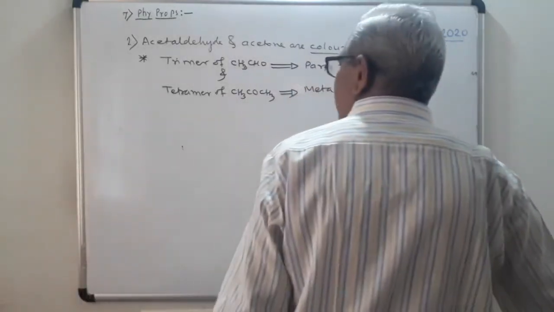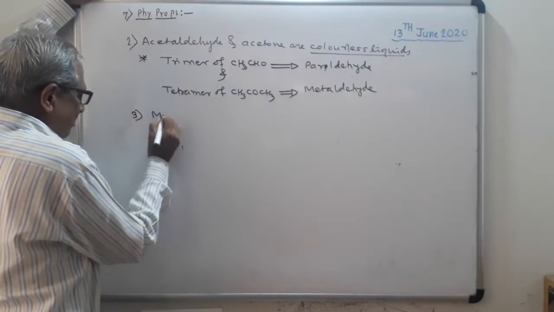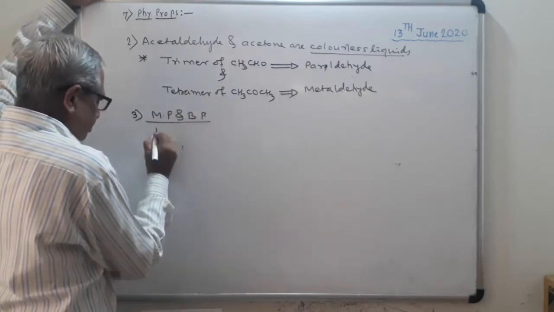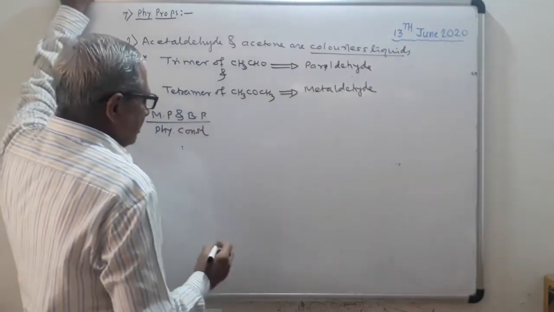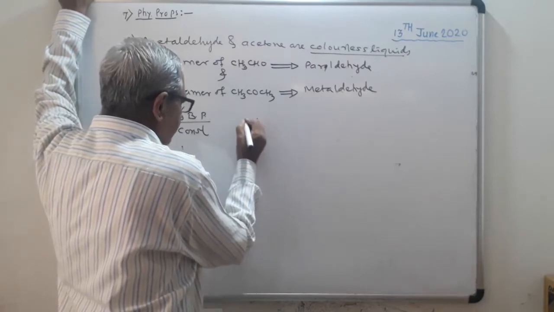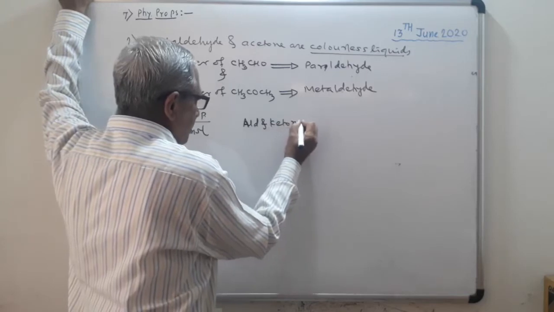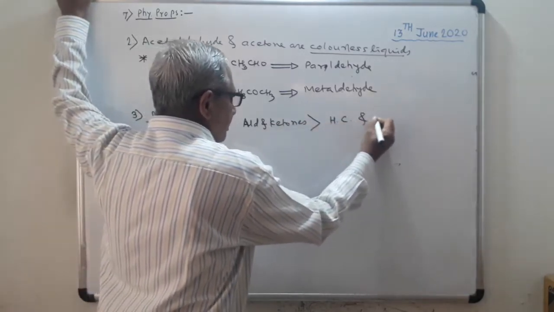Then the next physical property, melting point and boiling points. These are also called physical constants. Now see, the melting point and boiling point of aldehyde and ketone are greater than hydrocarbon and ether.